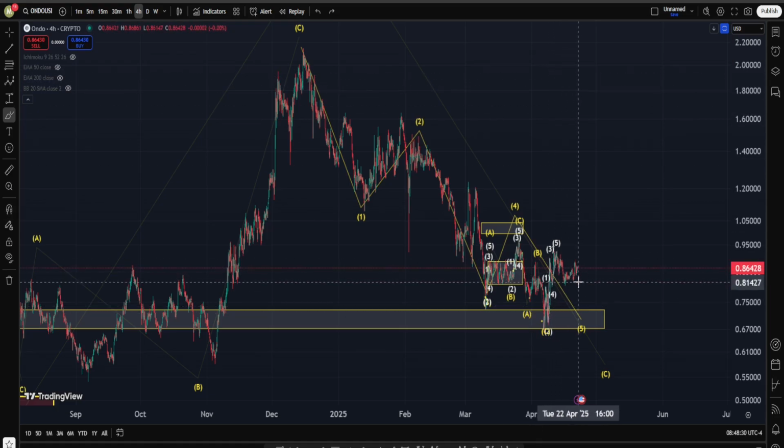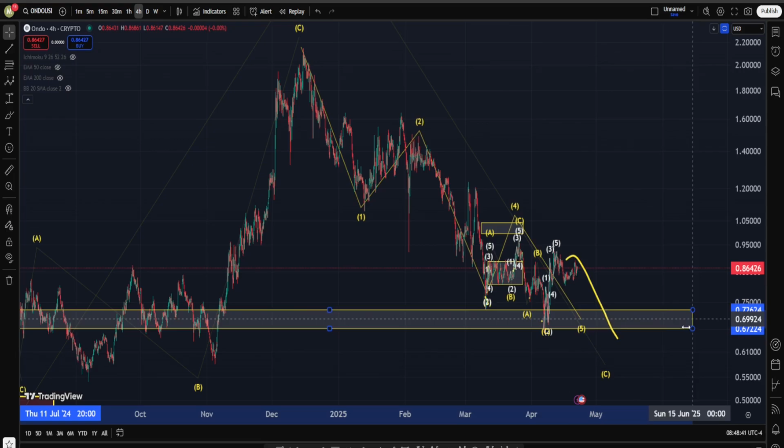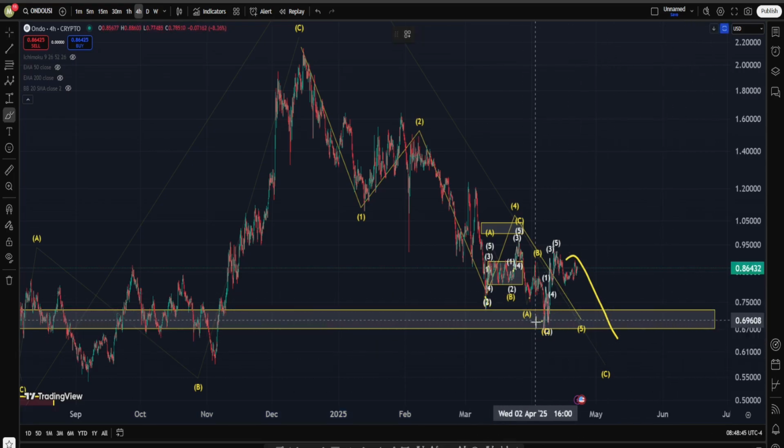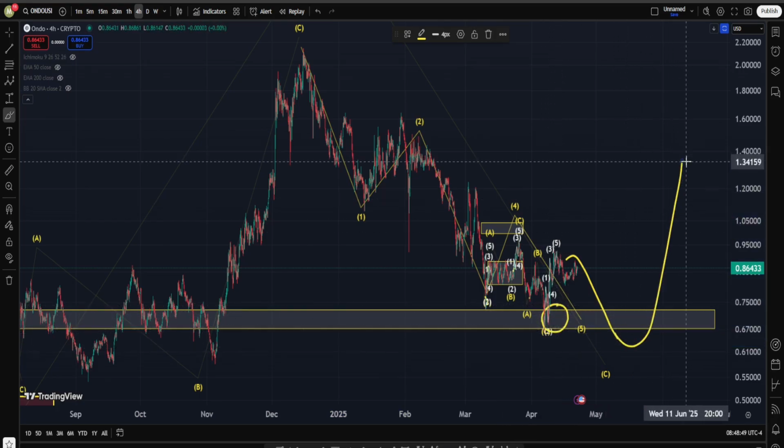Scenario number 2 suggests the final low is not in, but we are going to have only another move down, and assuming that in that move we are not going to get a break of this important level, we can say our move down is going to end right around the previous low, and then we are going to have a very strong bounce back.